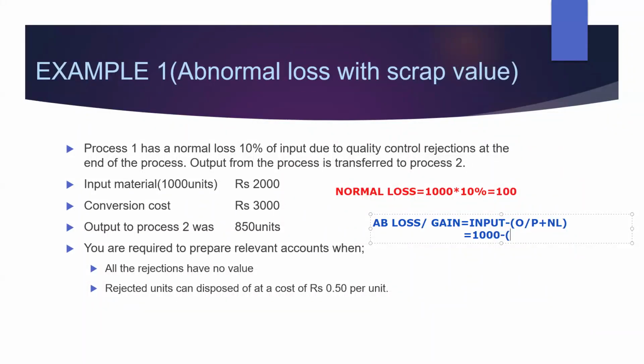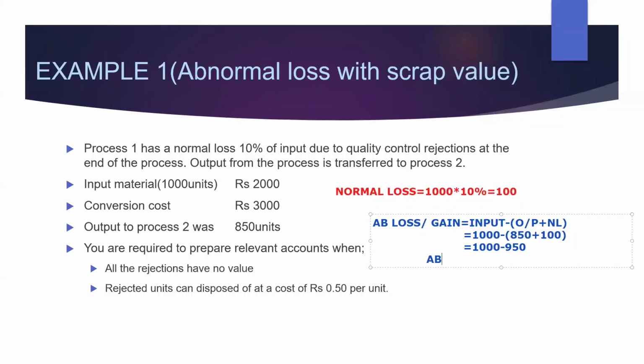The output is 850 plus the normal loss of 100, which means 1,000 minus 950.